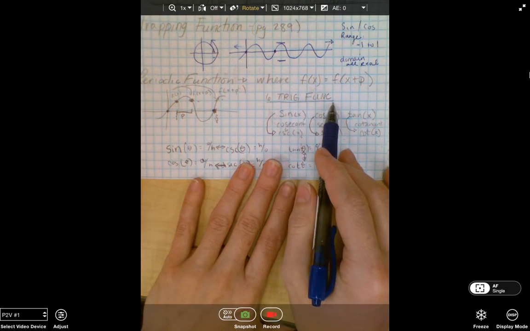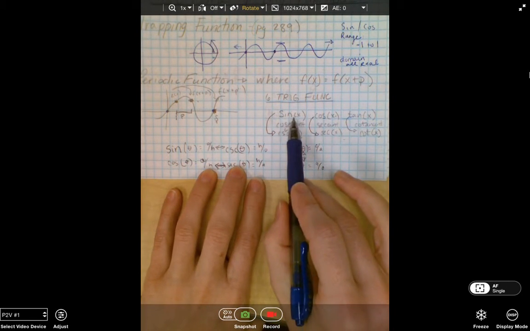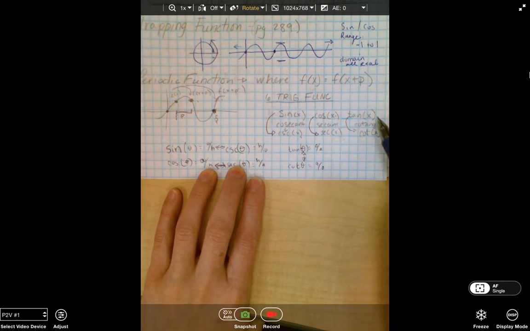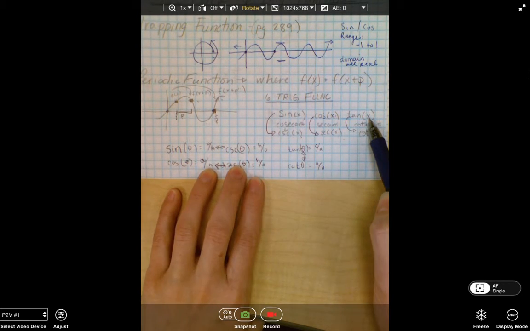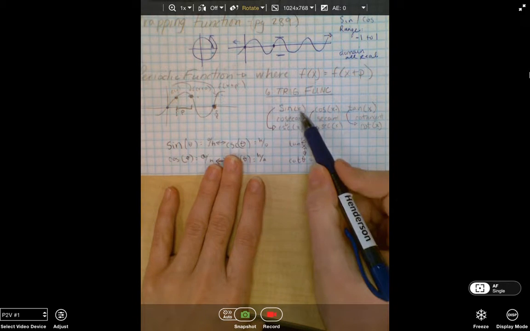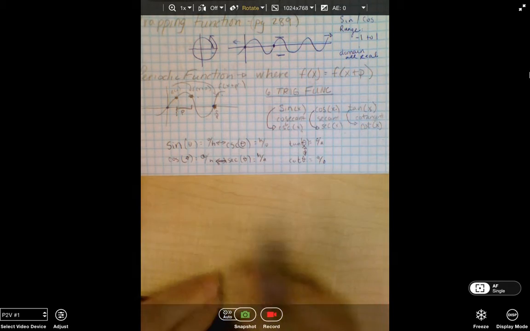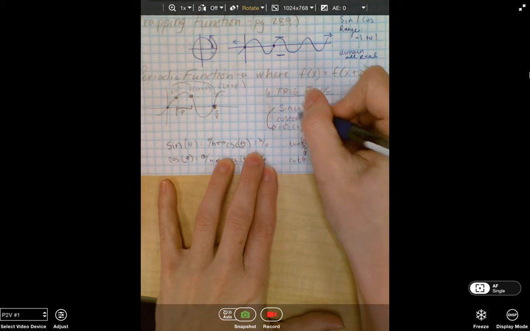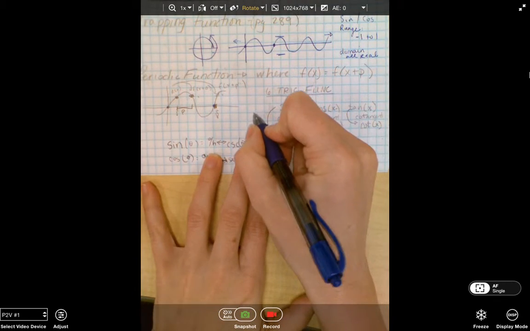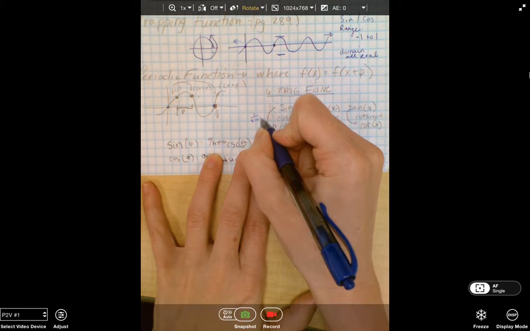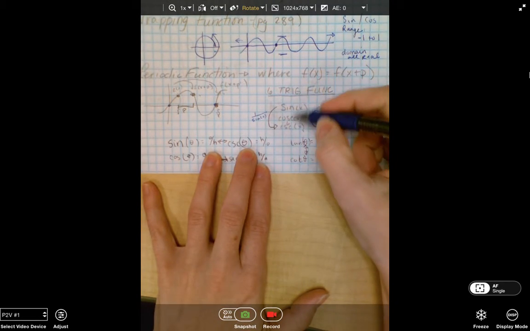There are 6 trig functions. There's sine, there's cosine, and there's tangent. And they each have a reciprocal, okay? Not the inverse function, they're not the same thing. The reciprocal of sine x is 1 over sine x, and that's called cosecant.